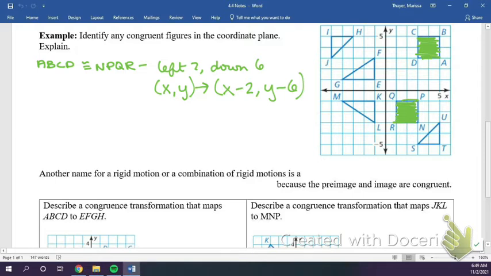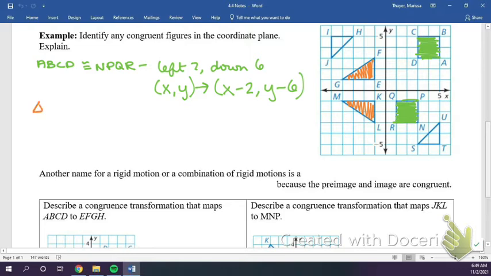The next one I'm going to do in orange. I'm going to claim, let's see, F, E, G. Does this triangle have any matches? I think there's a match with this one. This length is 2 units. This length is 2 units. This length is 3 units. This length is 3 units.